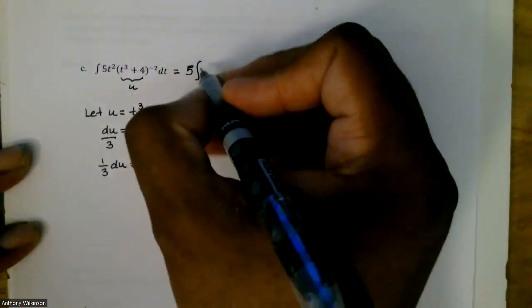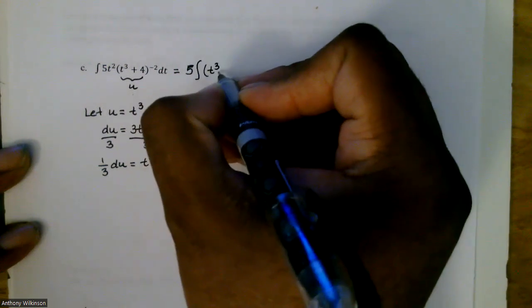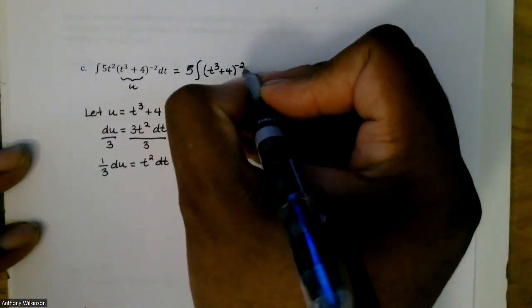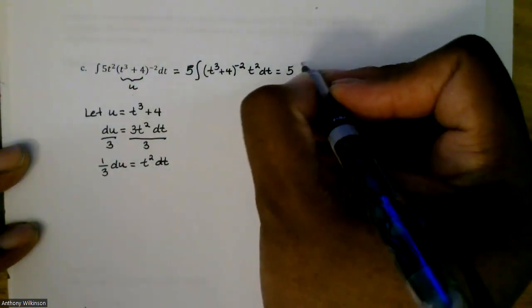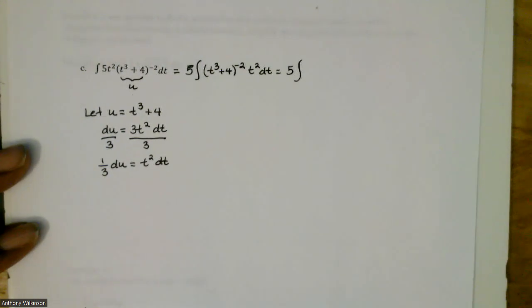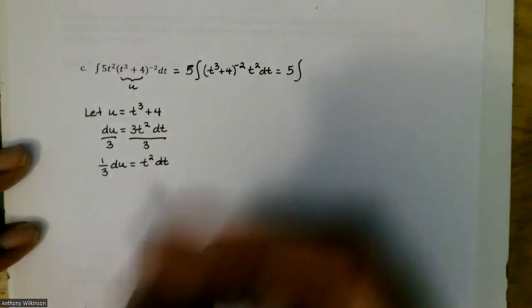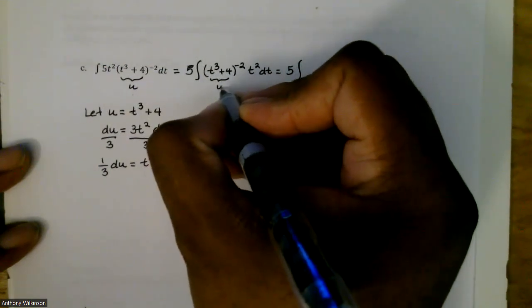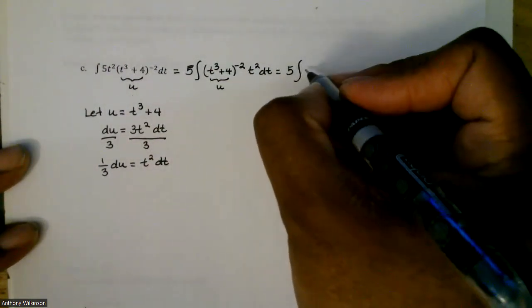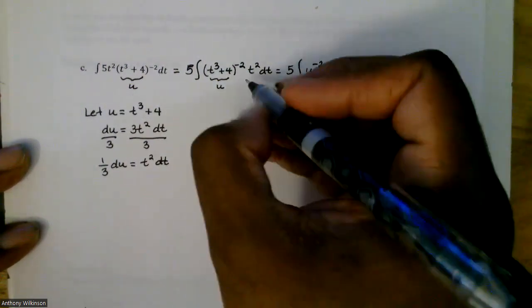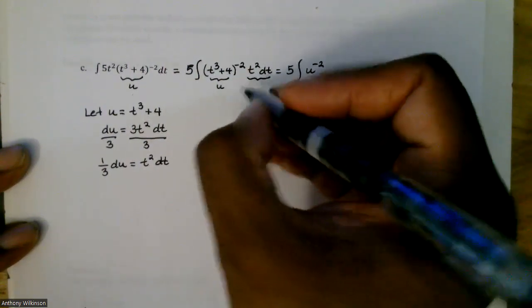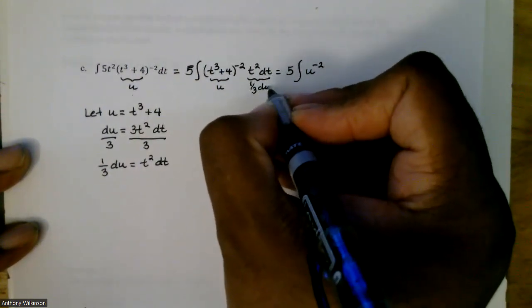So it'll be 5 times the integral of, and I'm going to rewrite this as t cubed plus 4, and that quantity is to the -2 times t squared dt. So now I have 5 times the integral of, now here's where I do the substitution. That t cubed plus 4 is what u will be equal to. So I know that I'm going to have u to the -2. And then t squared dt, that's going to be what 1/3 du would be.